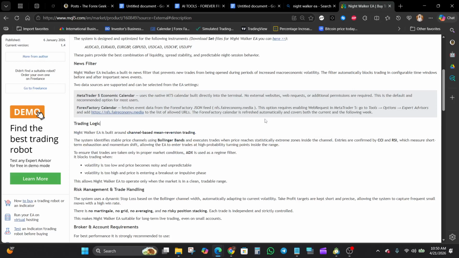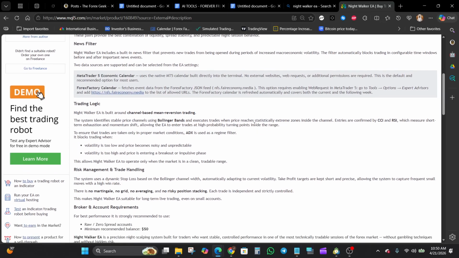But instead of blindly buying and selling those edges, it uses confirmation tools like the CCI and the RSI to measure whether price is actually exhausted or likely to reverse. So what that does is help filter out weak signals, which is important in a scalping system like this.